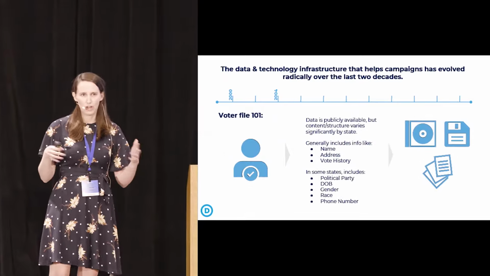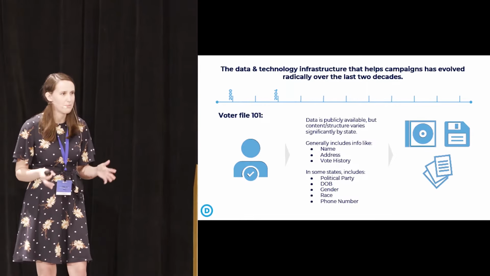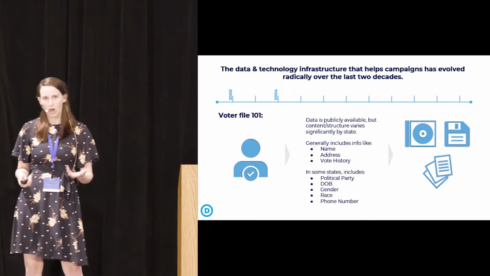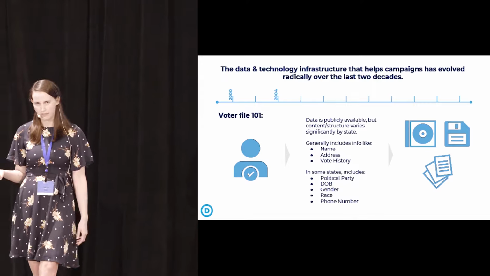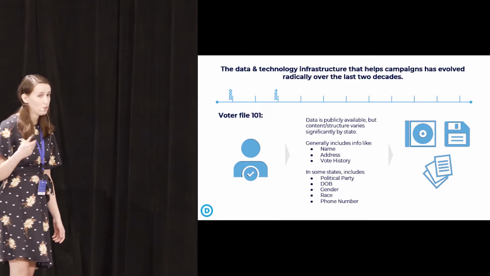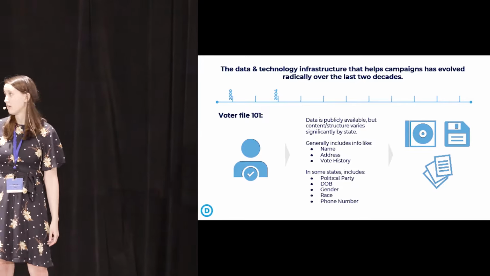Just to talk a little bit about what the voter file actually is, because this is fundamentally the backbone of what political data is and what the data product is that the Democratic National Committee provides to Democratic campaigns. When you register to vote, you provide certain information to your state.